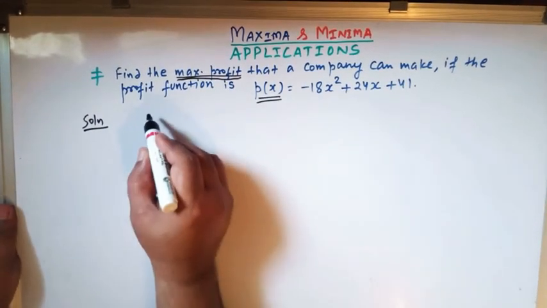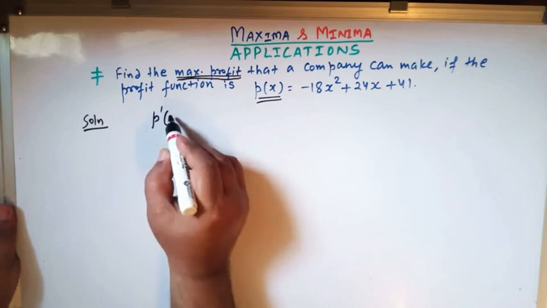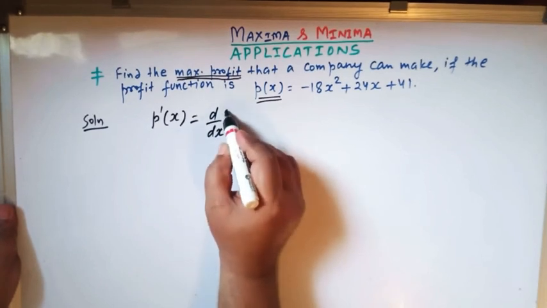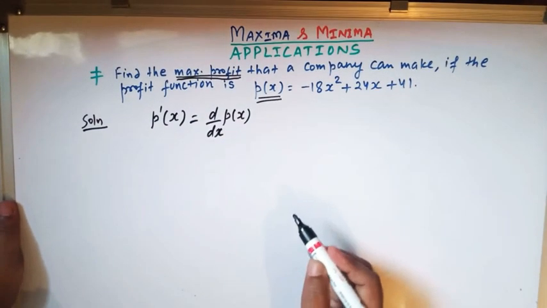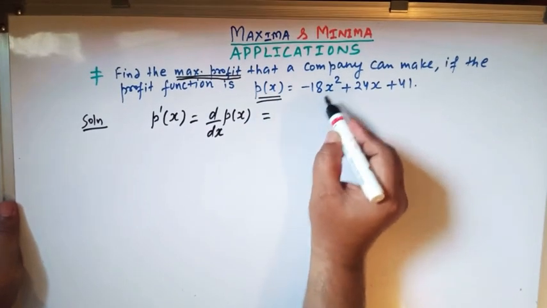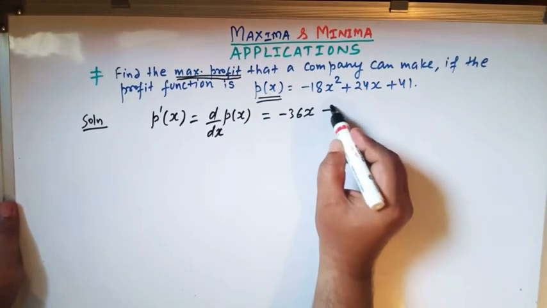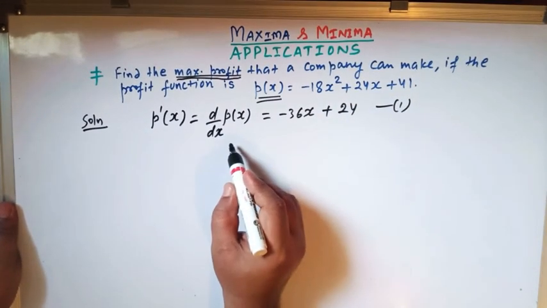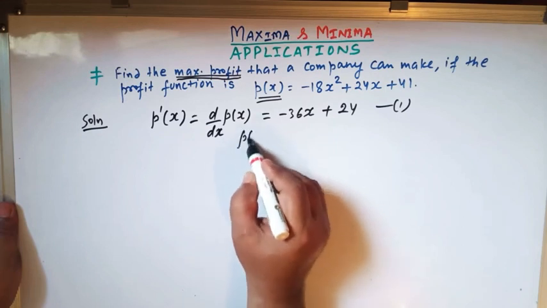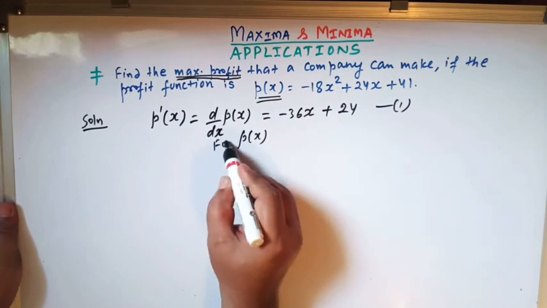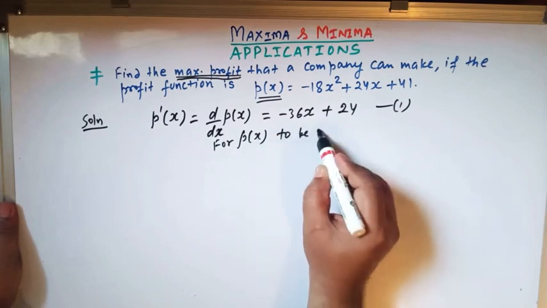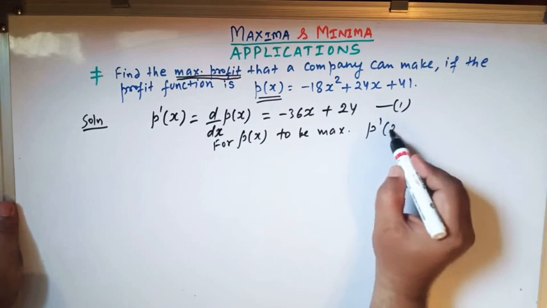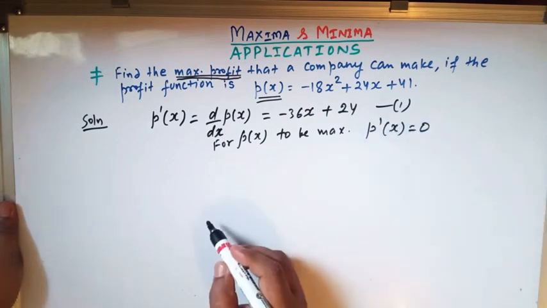So what we will do, we'll differentiate this function, that is, we will find the derivative of p. So this is minus 36x plus 24. Now for p of x to be maximum, the first derivative must be 0.